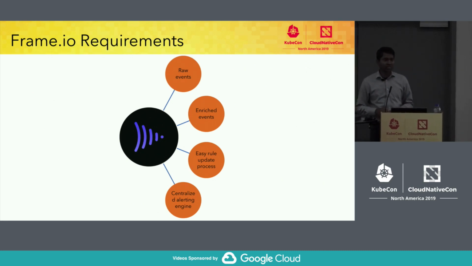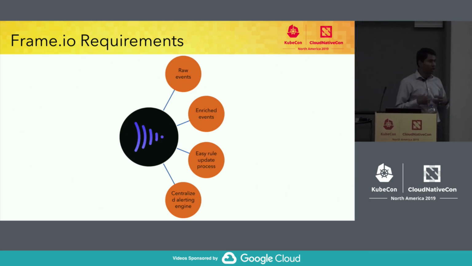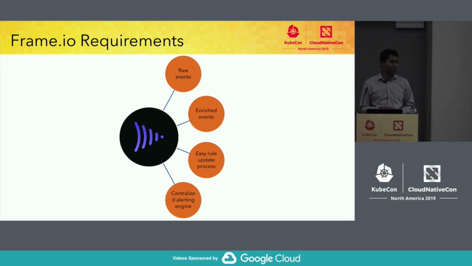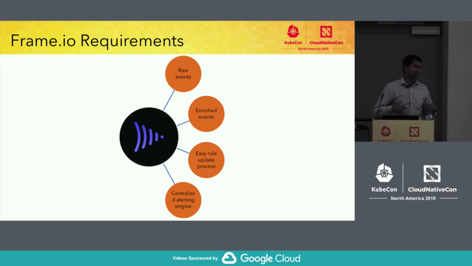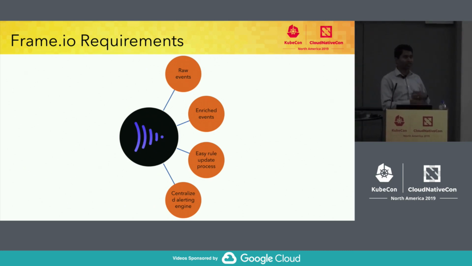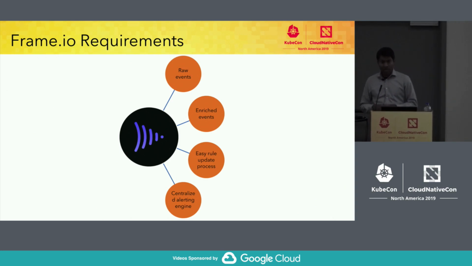So the idea was that if we have actual system calls, then we can build a lot of tooling around that, right? We can build machine learning and AI-based systems sitting on top of the system calls to give us a lot more attack detection capability, rather than just signature-based alerts about whether a shell was spawned or a file was accessed and so on. And we wanted to enrich those events, right?